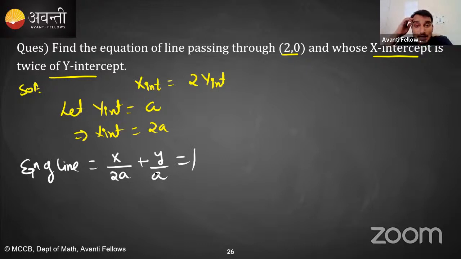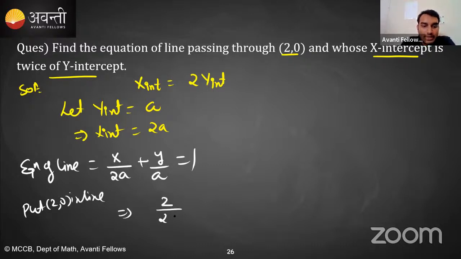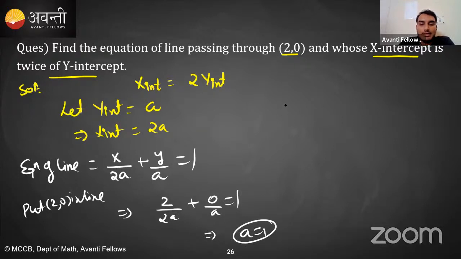Now we have to find a, and the question says the line is passing through (2, 0). So put (2, 0) in the line. What you will get? 2 upon 2a plus 0 upon a is equal to 1. So it implies a is 1.